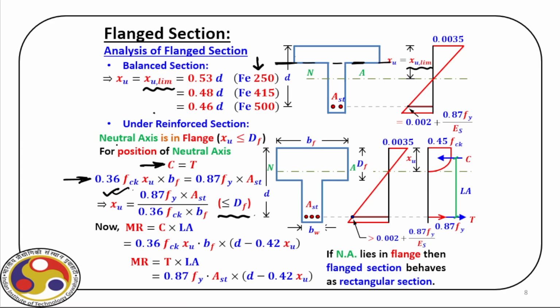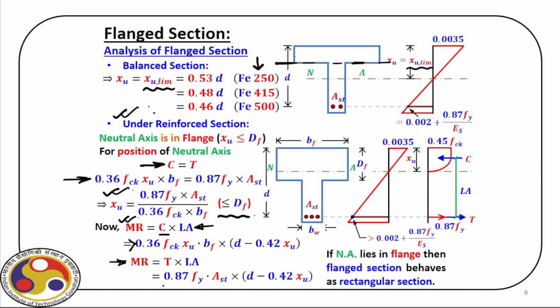Otherwise, a part of the web we have to consider, that we will take next. Now, the moment we have an under-reinforced section, then we can find out moment of resistance using the compressive force. So, the moment of resistance is compressive force C times the lever arm. Then again, this is the same expression we have for singly reinforced beam. We can also find out the same moment of resistance from the tensile force.